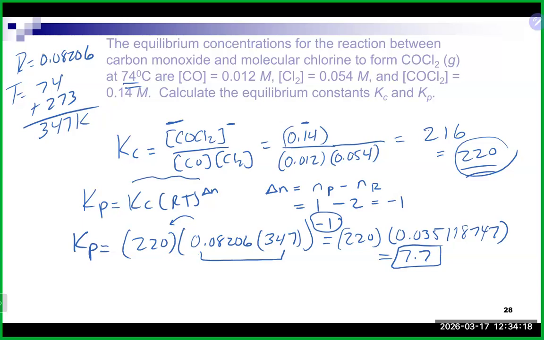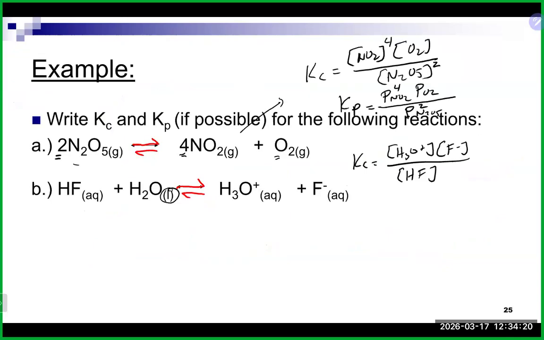Before we go too far, I did want to mention something about writing the expression, just to reiterate. You could come across an equation where you have to write an expression where maybe you have something like this. In this particular case, if we were going to write our expression, obviously we would not include this because it's a solid, right?